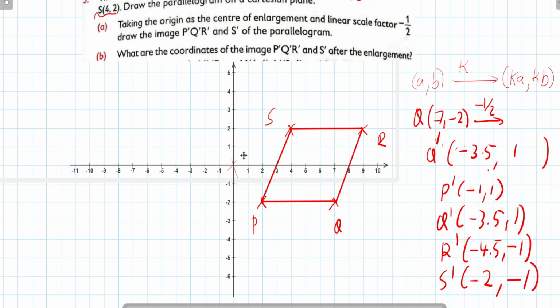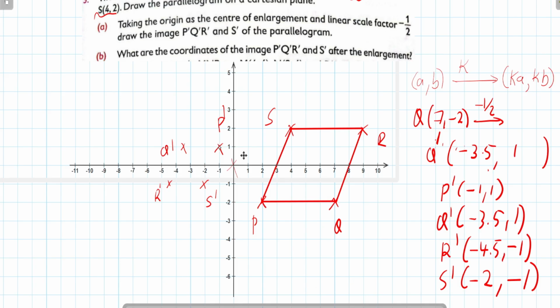So P prime is (-1, 1), which is here. Q prime is (-3.5, 1), which is around here. Then we have R prime (-4.5, -1), which is here. Then S prime (-2, -1), which is here.